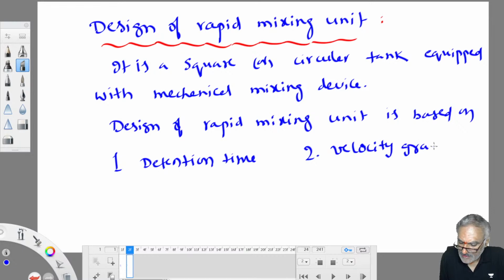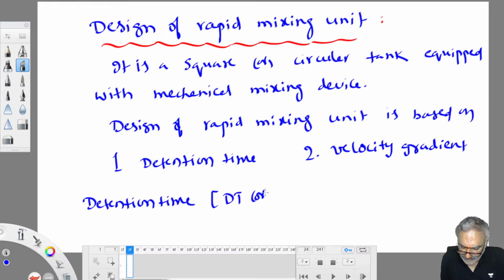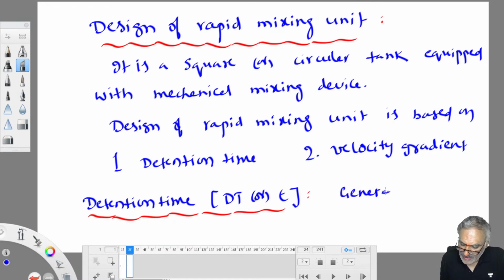These 2 parameters influence the design of the rapid mixing unit. Normally we provide a detention time of 1 to 3 minutes in the rapid mixing unit.